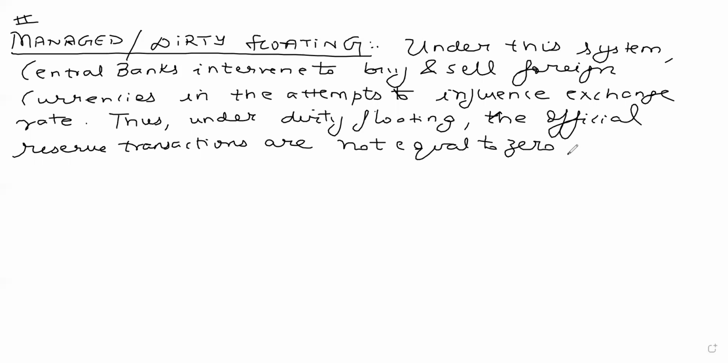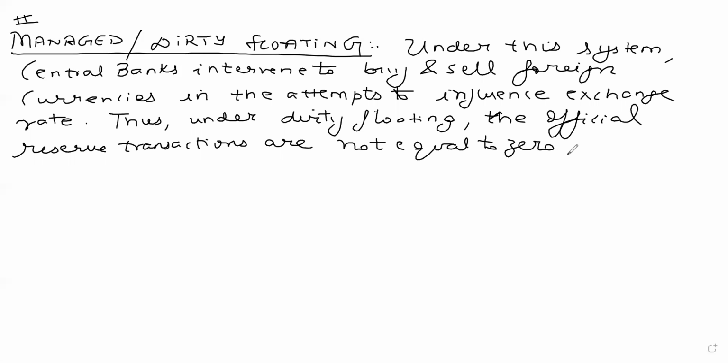So hoping that the students have understood this. When we talk about managed or dirty floating, that means this involves intervention by the central bank. Under this system, the exchange rate is not freely determined by market forces of demand and supply. The central bank intervenes by buying and selling foreign currencies in the foreign exchange market.